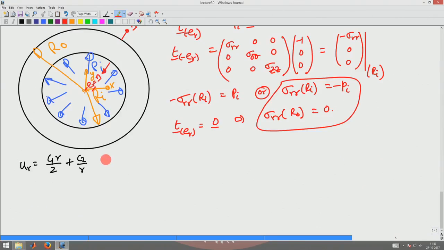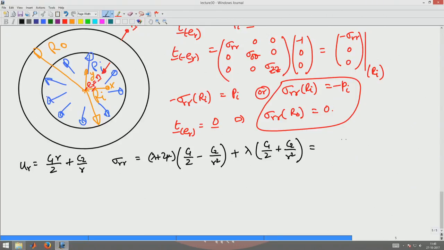So, sigma rr now becomes (lambda plus 2 mu) times (C1 by 2 minus C2 by r squared) plus lambda times (C1 by 2 plus C2 by r squared), which can be written as (lambda plus mu) C1 minus 2 mu C2 by r squared.